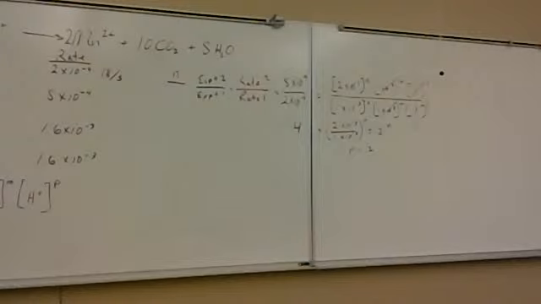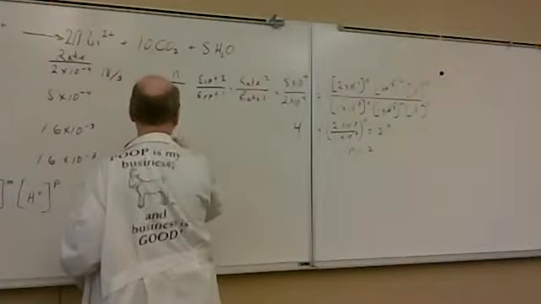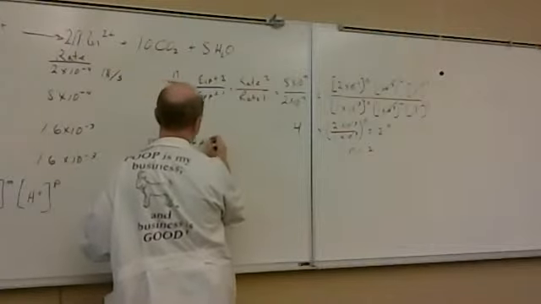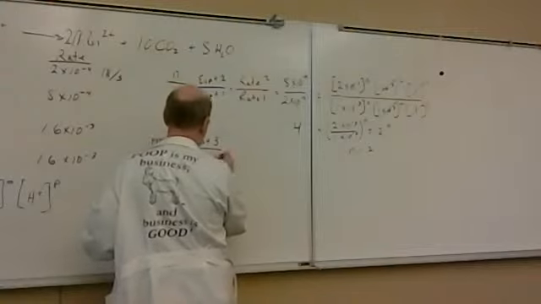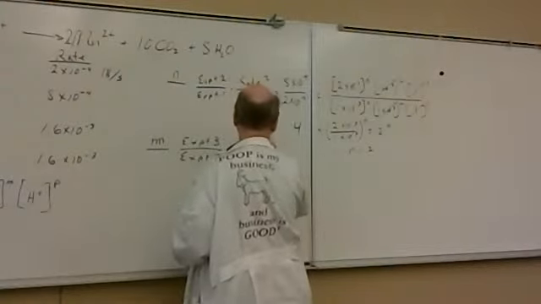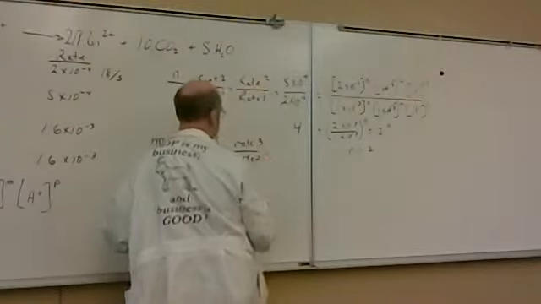Now we do the same thing again, 3 divided by 2. We'll do this one divided by that one for m. So we do experiment 3 divided by experiment 2 equals rate 3 divided by rate 2.